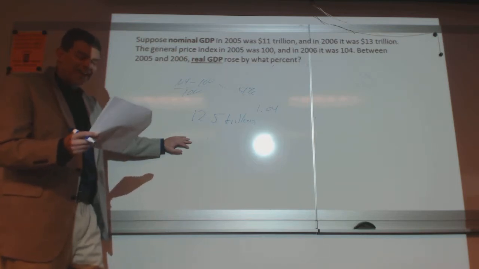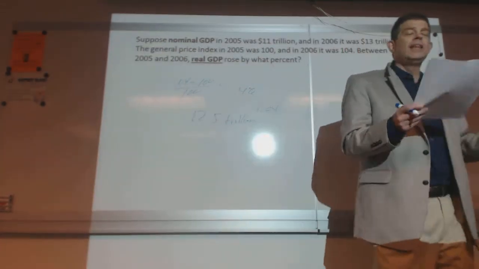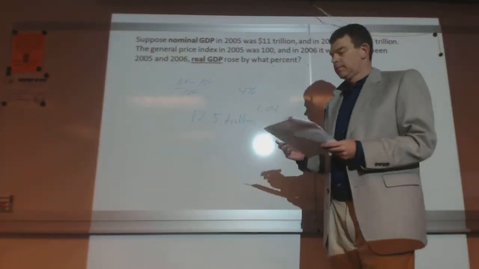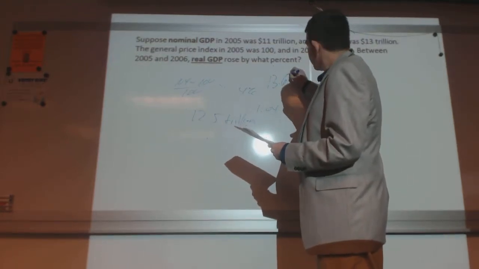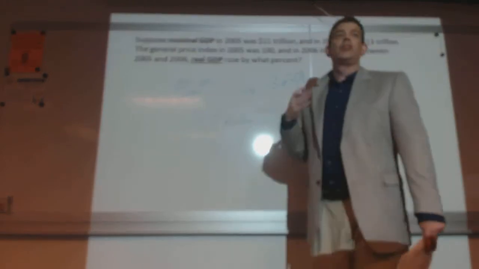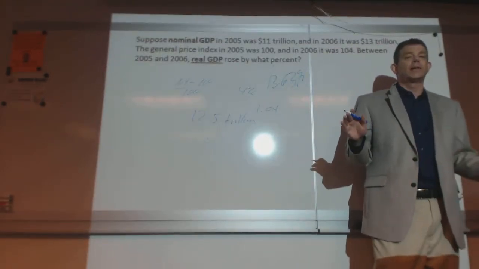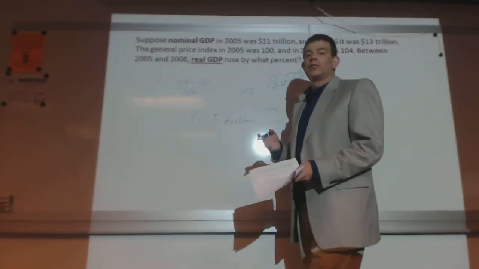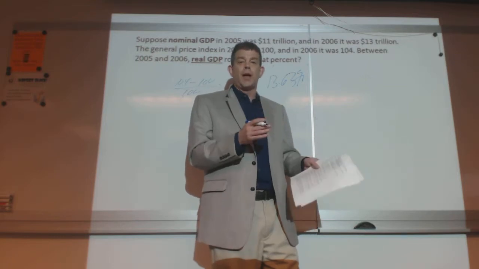And so how much did real GDP increase in that year? 13.63%. That is exactly correct. So for you guys who are watching this video at home, that's what you should have come up with, 13.63%.